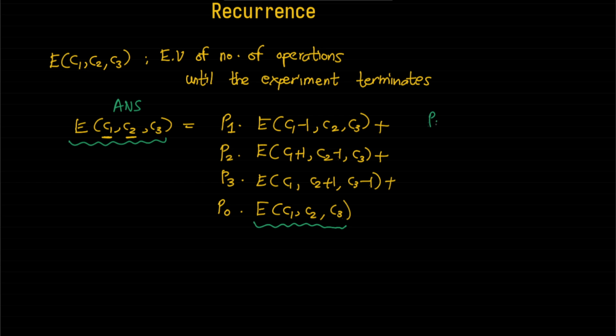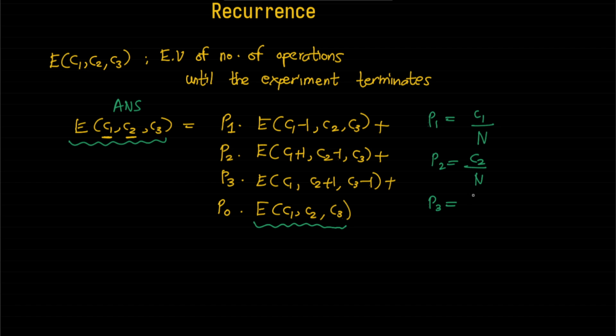So P1 is the probability that we end up at a location where the value is 1, and we know that we have C1 positions where the value is 1 and total number of positions is n. P2 would be, we know that we have C2 count of 2's in the array, so C2 possible choices.